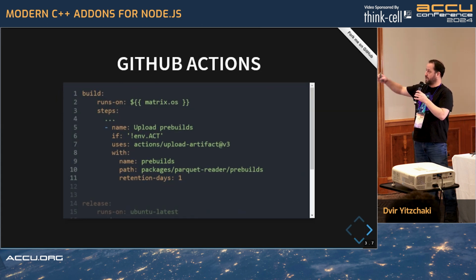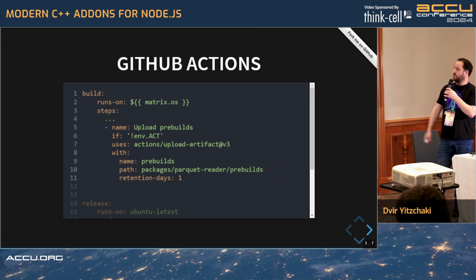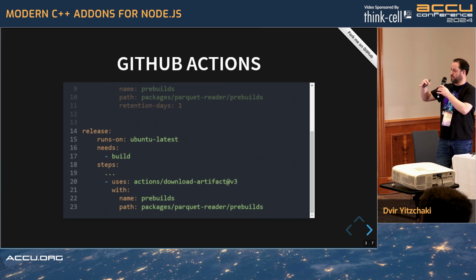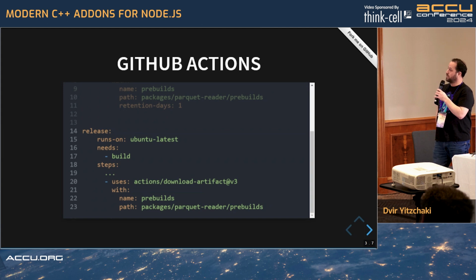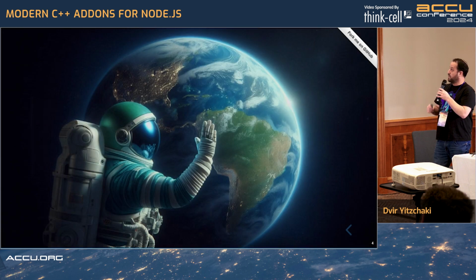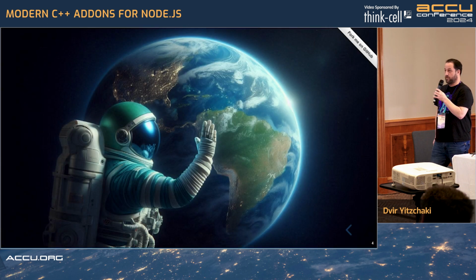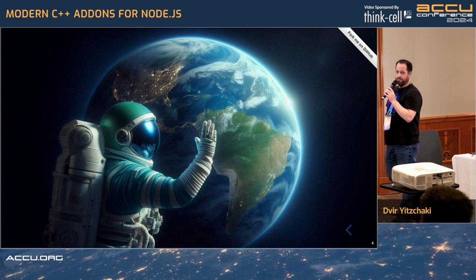Then you upload the artifacts during the specific OS build, download them, and combine them into one package, which you then upload to the npm registry or whatever you use. And that's basically how you write modern C++ add-ons for Node.js. Thank you very much.